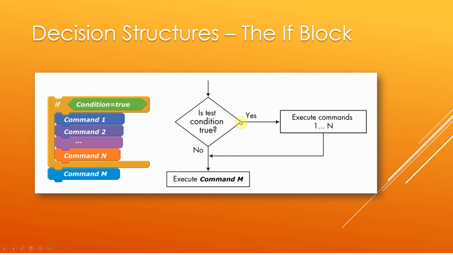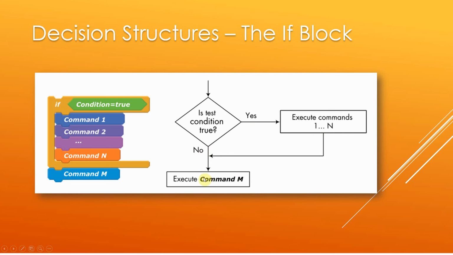If it's true, then we go out the yes path and we execute these commands, and then we come back in at the bottom. If test condition is not true, then we come out the bottom. In both cases we will execute command M. Only if the condition is true do we execute 1 through N, but in both cases we always execute command M.